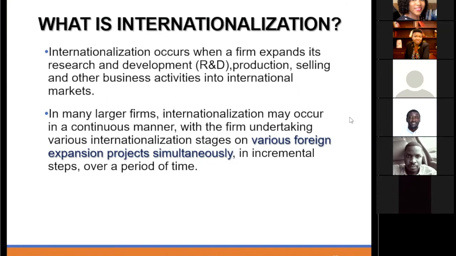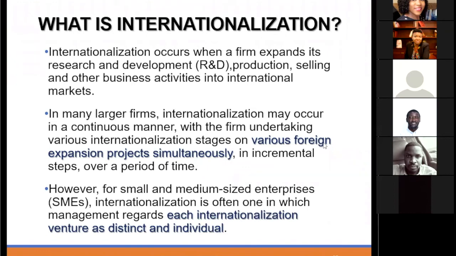This is all to sensitize us to the fact that internationalization can proceed either simultaneously, very speedily, or incrementally in a gradual manner. And this is in the case of large firms. However, when we talk about small and medium enterprises, because they do not have the resource endowments of the larger firms who have the capacity and the capability to do some of these huge international expansion activities simultaneously or incrementally, they would usually treat each stage or each venture in terms of internationalization as a distinct or individual activity.